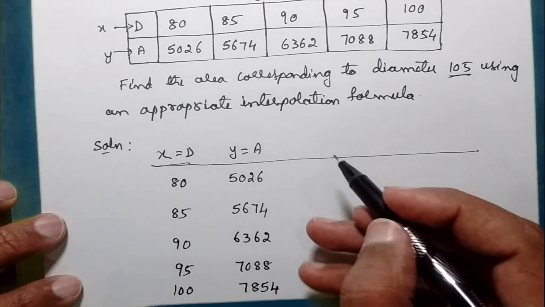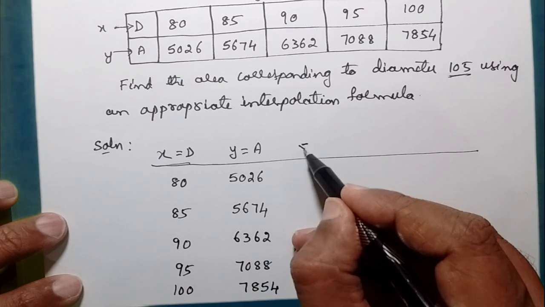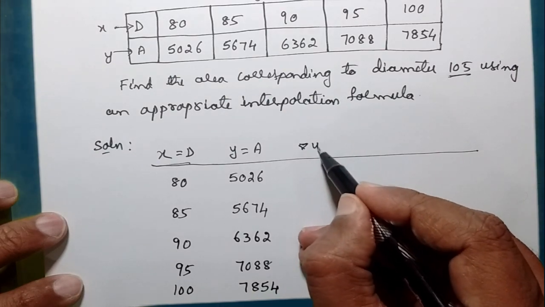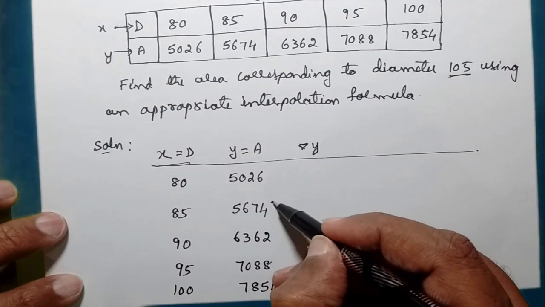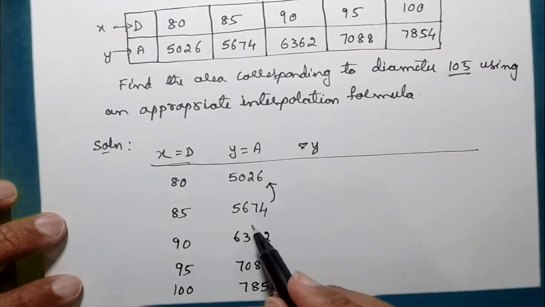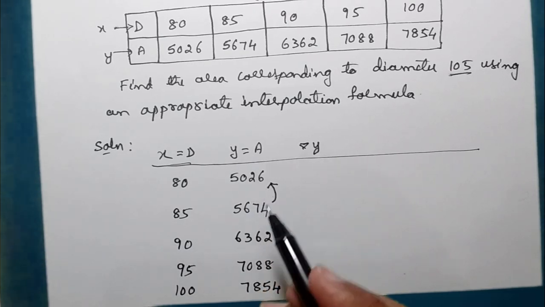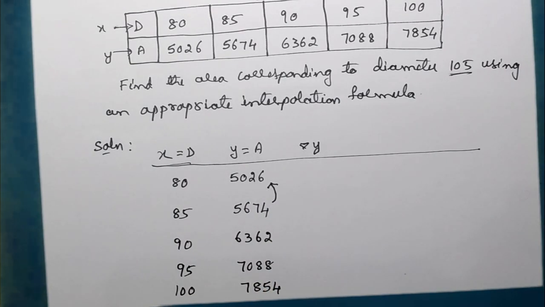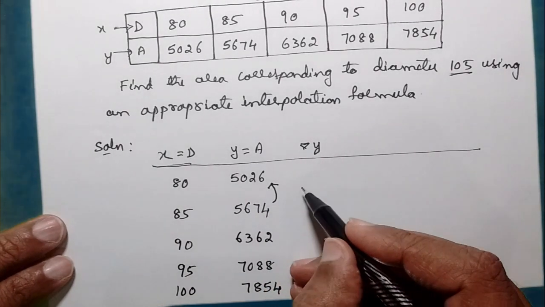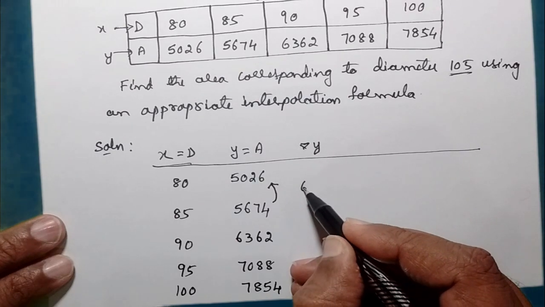Because it is a backward difference to use, you will be using the operator nabla y. So once again you have to take the differences. 5674 minus 5026. You can just use the calculator and see what value you're getting. Are you getting 648?